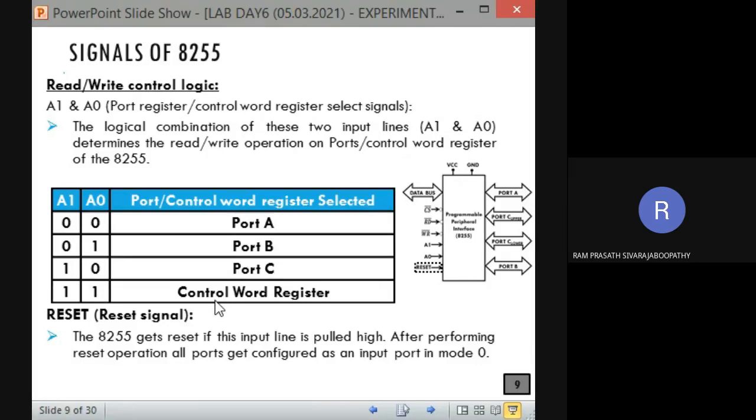Once you reset the 8255, all pins will be configured as input ports in mode 0. Port A, port B, port C all get configured as input ports in IO mode 0. That's all. Okay. Fine. Next.